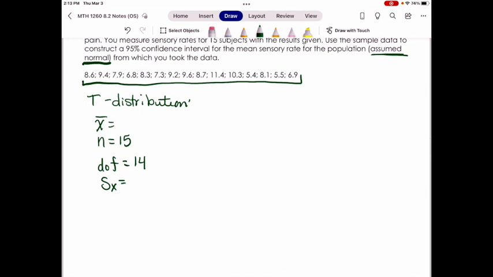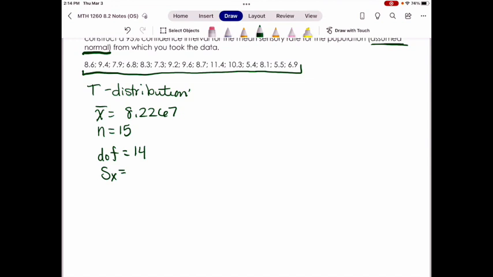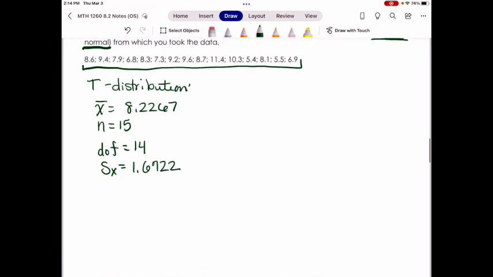The x bar and the sample standard deviation, we can get by putting the data in on the calculator and doing one variable stats. When we do that, we get that the x bar is 8.2267, and the sample standard deviation is 1.6722.